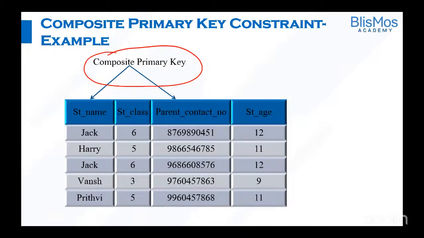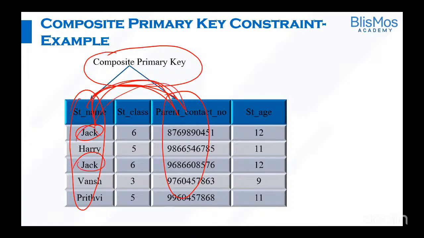In case you don't want to insert one more primary key, you can create the composite primary key by using the relevant columns which will give uniqueness by combining them. For example, here, Jack. Now, if I combine Jack with the contact number, we'll be able to get the uniqueness.